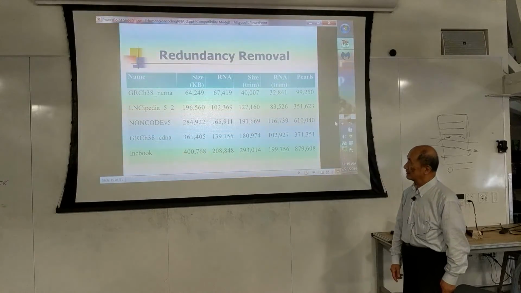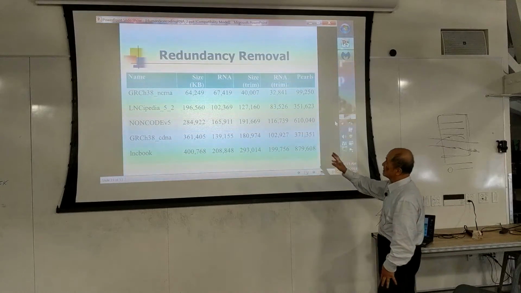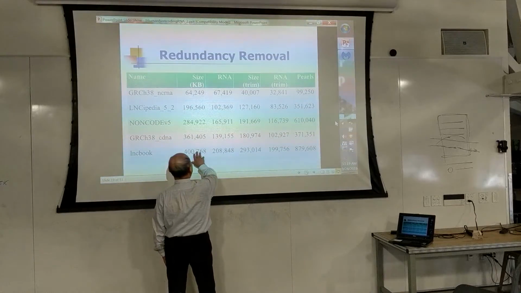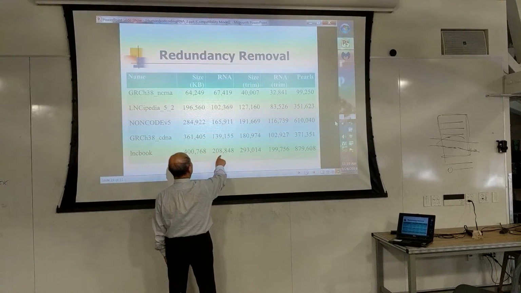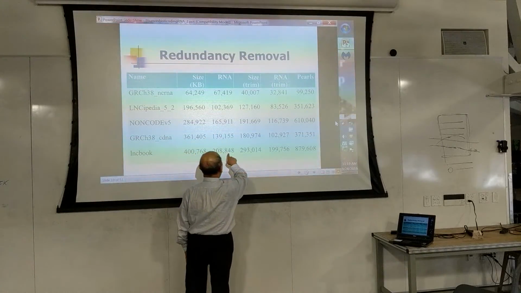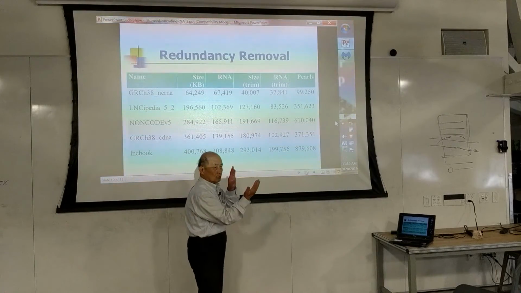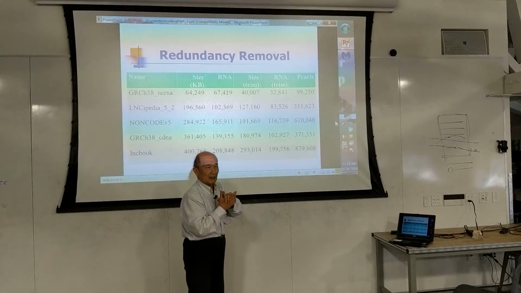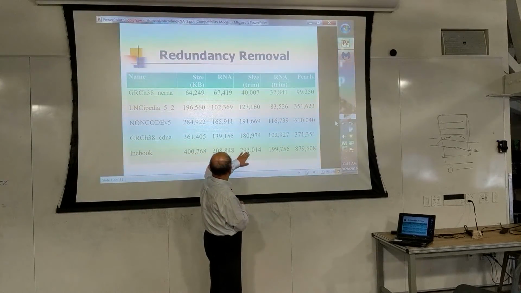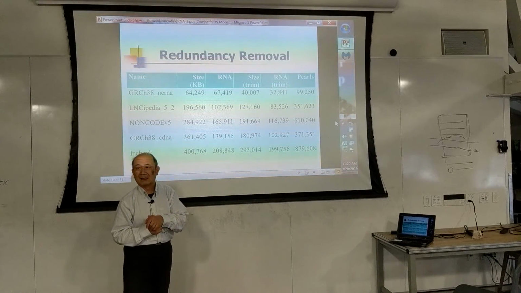So you can see here, these are the original data file, okay? And there are lots of RNAs as annotated in the data file. So if I do all the redundancy removal, what I end up with is removing about one third of the RNA, which I can claim have redundancy in them.